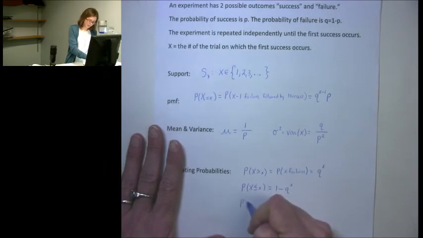You can also think about the probability that X takes a value less than a particular value, little x.